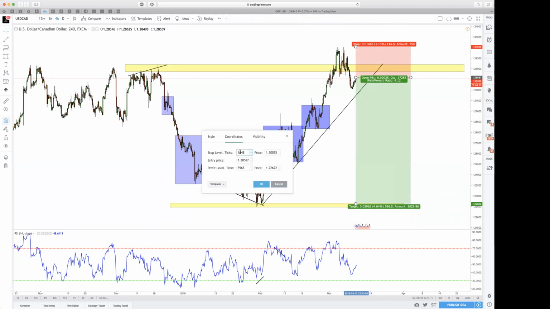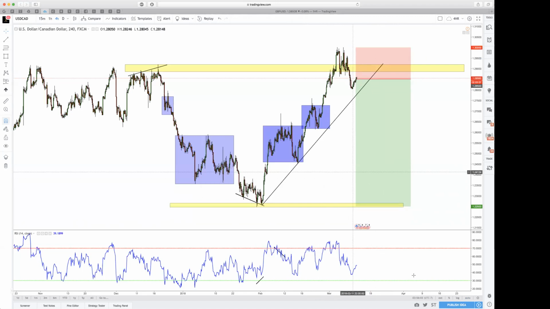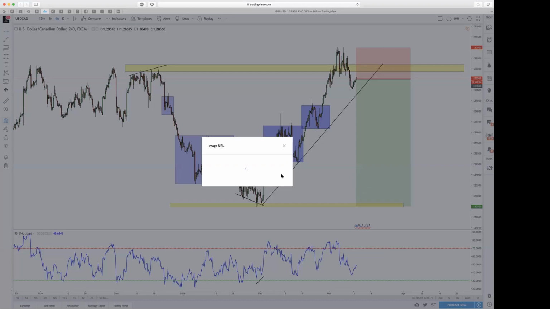Okay, let's evaluate. 1500 micro pips, that's basically 150 pips stop loss that we're looking at. And then 600 pips take profit. And that's gonna create a 1 to 4 risk reward. So 1.5% risk, and then 6% growth.